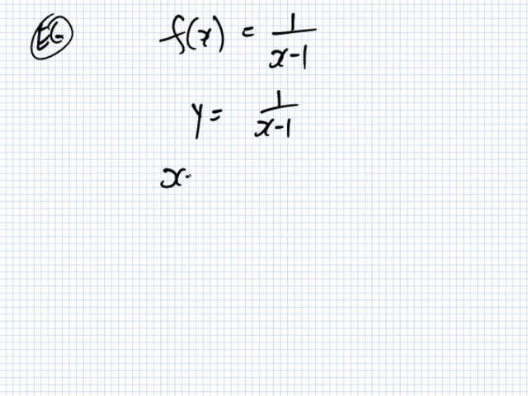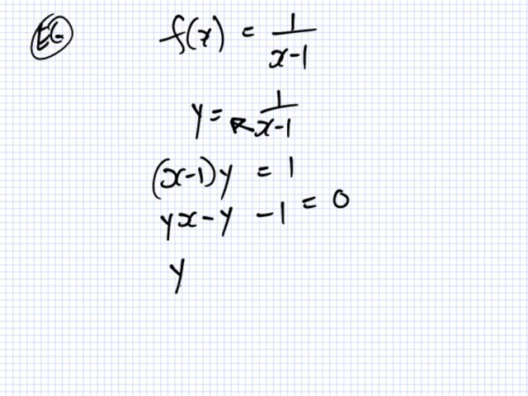So I write (x minus 1) y equals 1. Then I have yx minus y minus 1 equals 0. Yeah? So then I have yx plus minus y minus 1 equals 0.